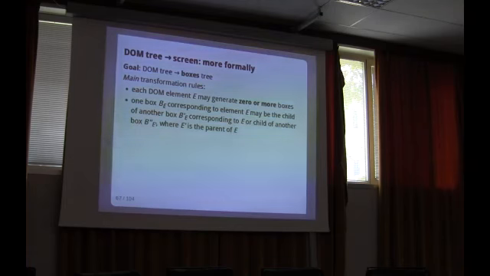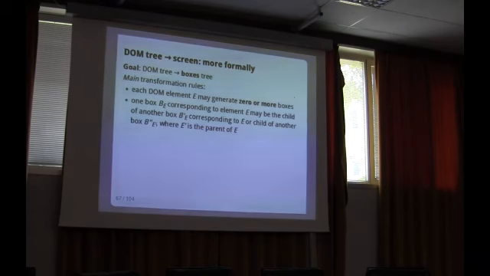In practice, the rule says that a box BE corresponding to an element E, where BE is a node in the box tree and E is a node in the DOM tree, may be the child of another box B prime E corresponding to E, or the child of another box B second E prime, where E prime is a child of E. In practice, this says that if an element E is a child of another element, let's say F, in the DOM tree, this kind of relationship cannot be subverted too much in the boxes tree.